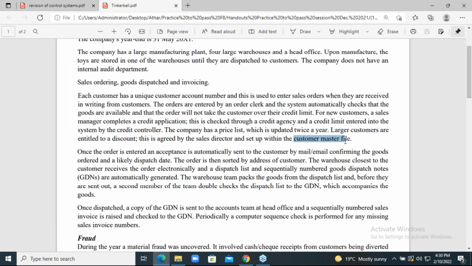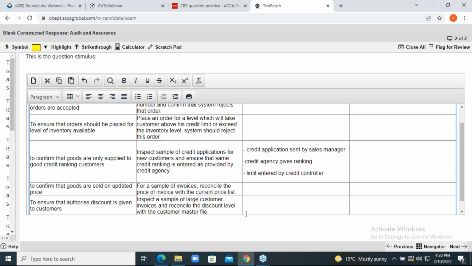We have followed the same pattern as the examiner, and we can easily score good marks by repeating this type of strategy in tests of controls.